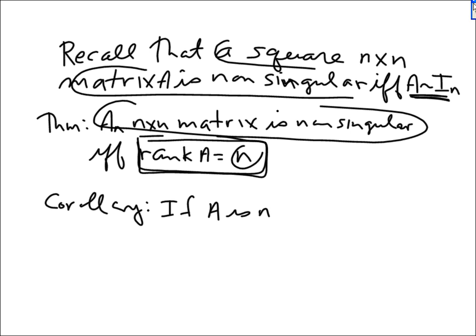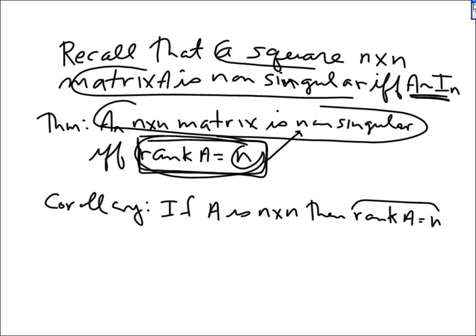If A is n by n, then the rank of A equals n if and only if the determinant is not 0. How do I know that? Because if the rank of A is n, I know that A is non-singular. And if A is non-singular, then the determinant of A is not 0.